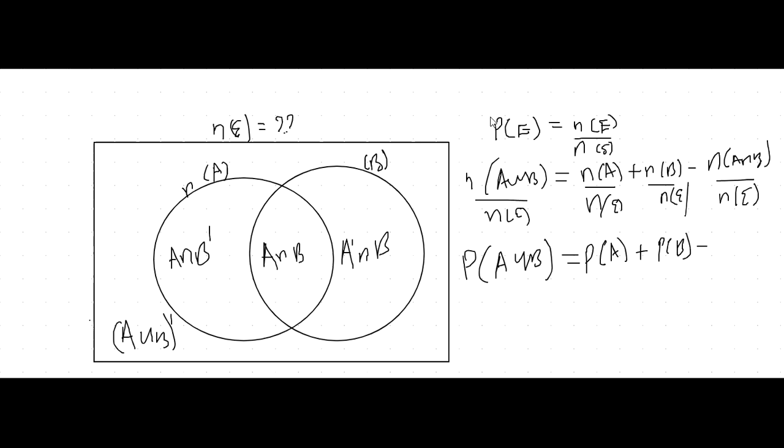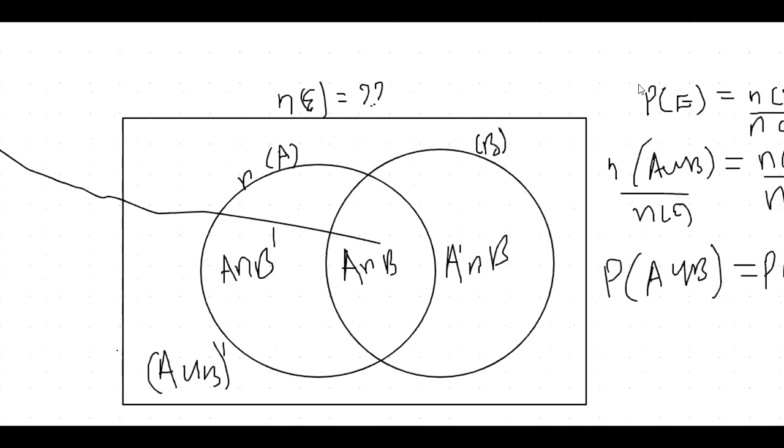That gives us probability of A intersection B. So that is how we come up with our first probability rule, which is probability of A union B equaling probability of A plus probability of B minus probability of A intersection B. Any questions regarding the first rule? No, teacher.